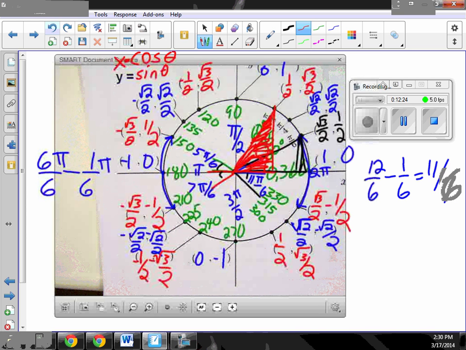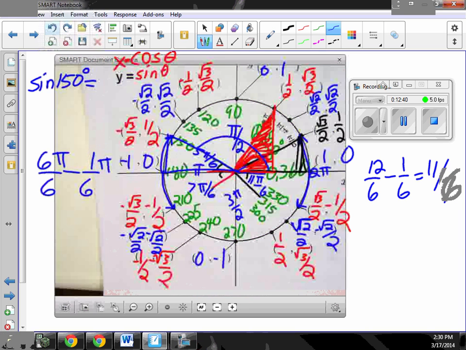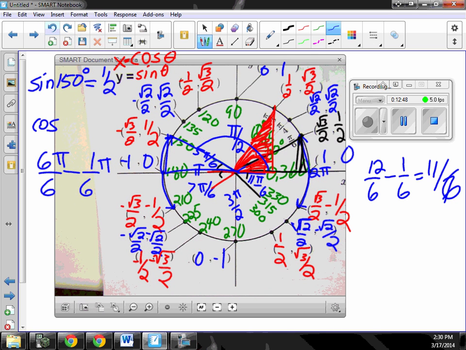So if I wanted to know the sine of 150 degrees, I rotate until I hit 150, and then I create this triangle. What is the y value at 150? 1/2. That was easy. What is the cosine of, well, let's do 5 pi over 3?